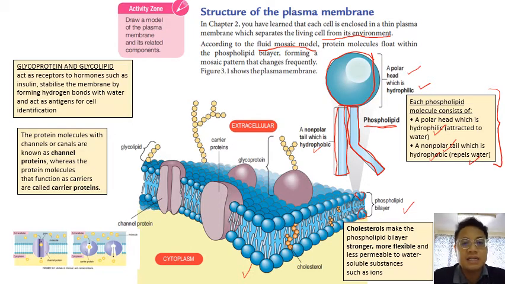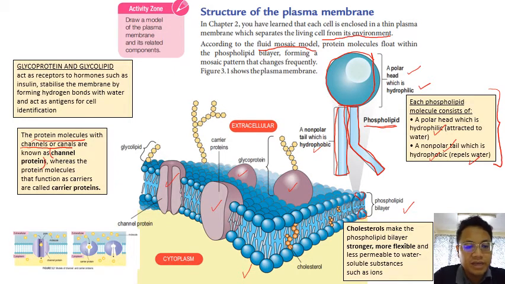Now, another noticeable structure in plasma membrane is this purple structure, sorry. This purple structure is known as protein molecule. These protein molecules are of two types. The first one, the one that has channels or canals, is known as channel protein.